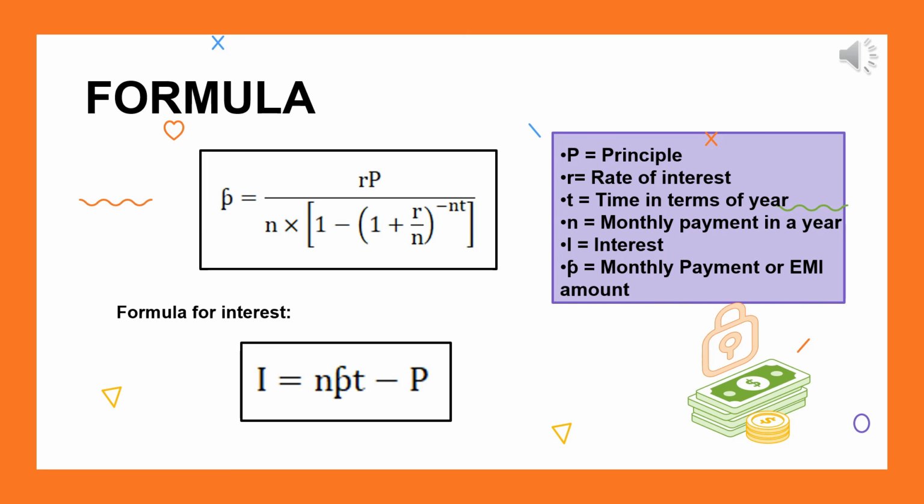So this is the formula for amortization. Now, the formula for interest is: interest equals N times EMI amount times T, minus P. Okay, that is all the formula for interest.